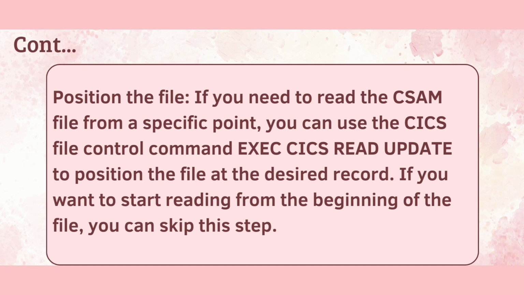Next step is to position the file. If you need to read the CSAM file from a specific point, you can use the CICS file control command EXEC CICS READ UPDATE to position the file at the desired record. If you want to start reading from the beginning of the file, you may skip this step.